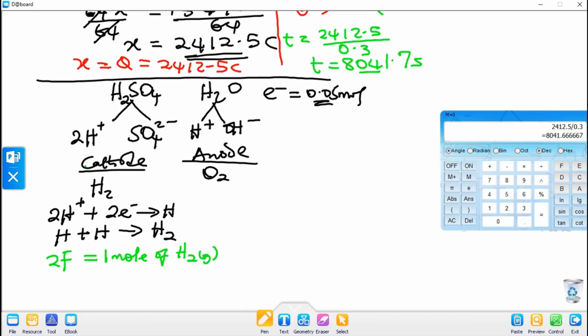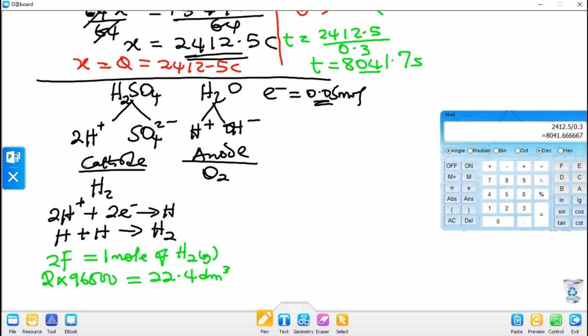And what is 2 Faradays? 2 Faraday is 2 times 96,500 coulombs. So this is 2 times 96,500 coulombs has given us 1 mole of hydrogen gas. And 1 mole of hydrogen gas by volume occupies 22.4 dm cube.